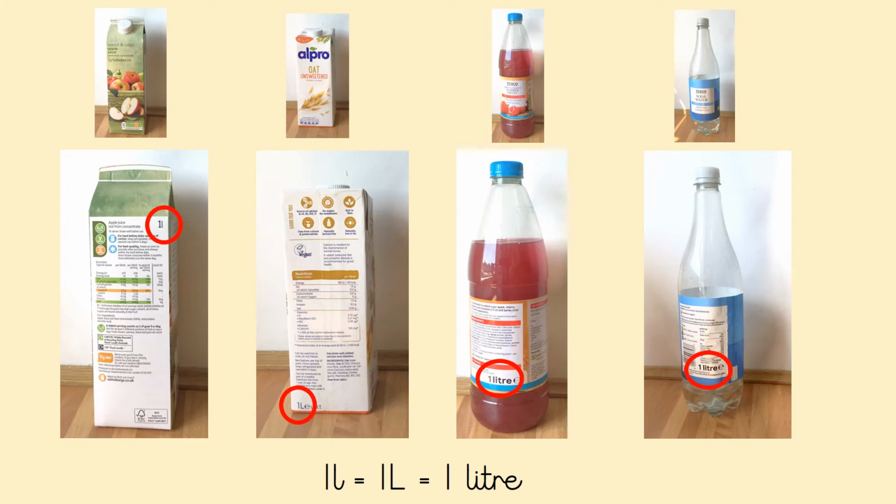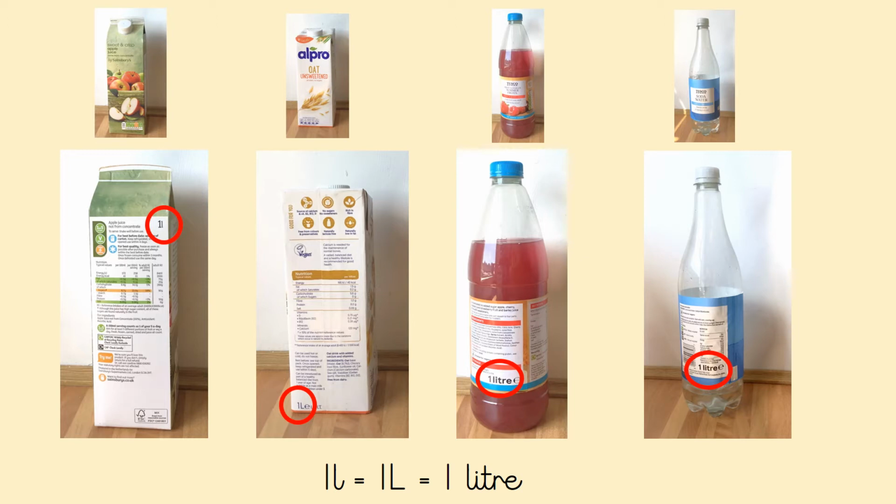The unit we're going to be using today are litres. You'll find litres written on lots of different things, particularly around your kitchen. There are a few different ways to write it. We can write 1L and it's a small L for litre, 1L and it's a capital L, or we can write the word 1 litre.